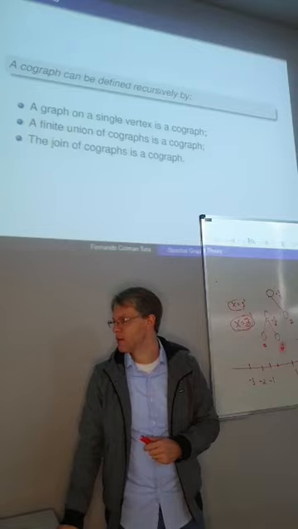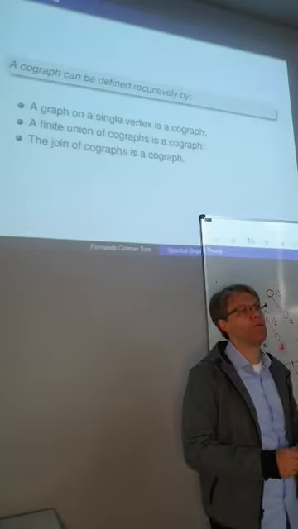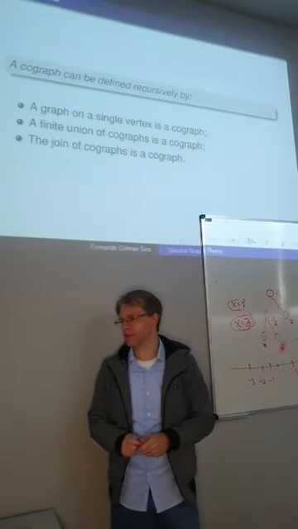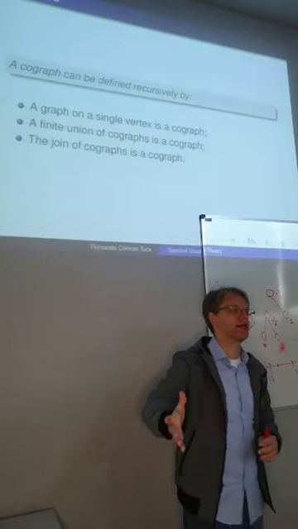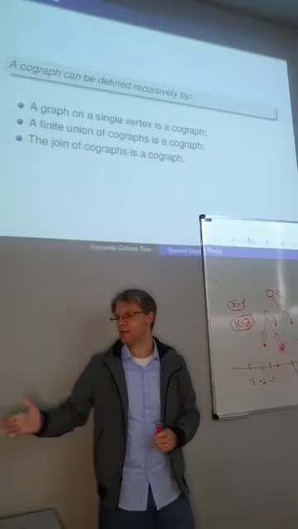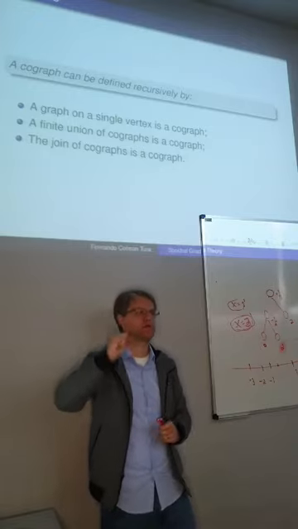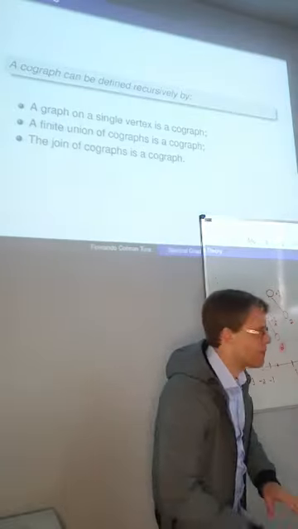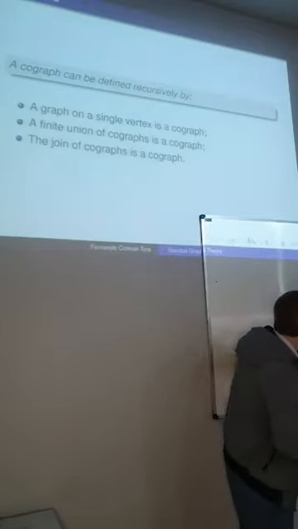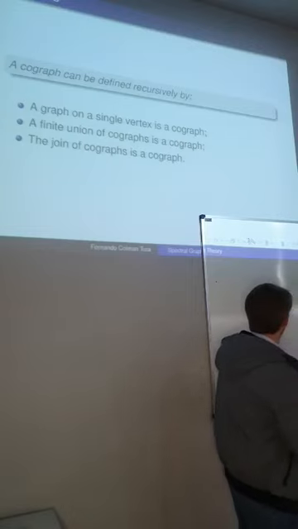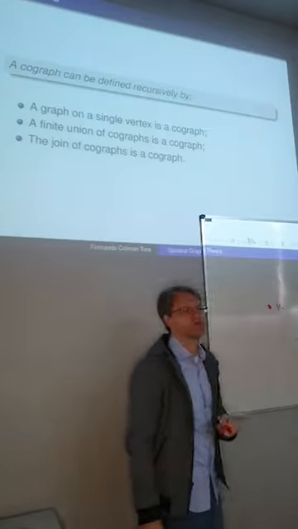Okay? So, how do we obtain a cograph? There are many ways to obtain a cograph. One way: if I take one vertex, only one vertex, K1, this is a cograph.